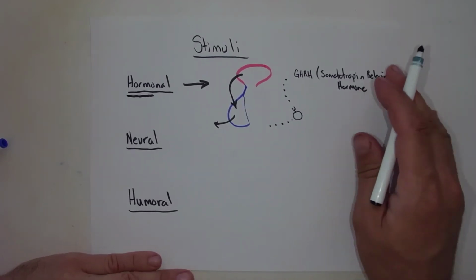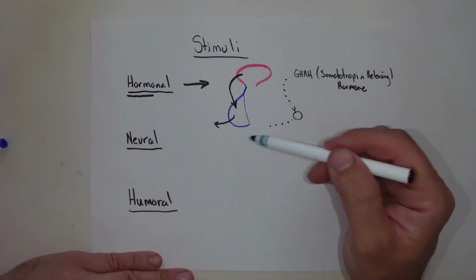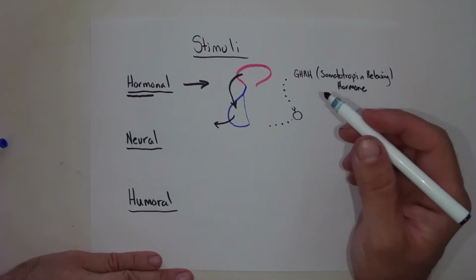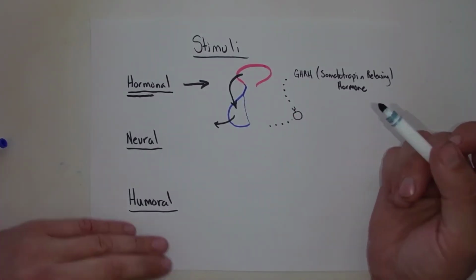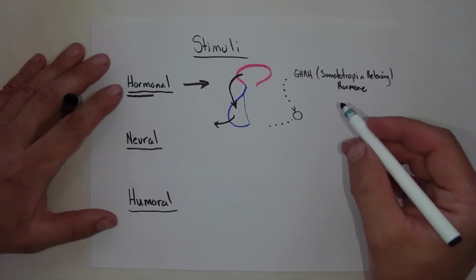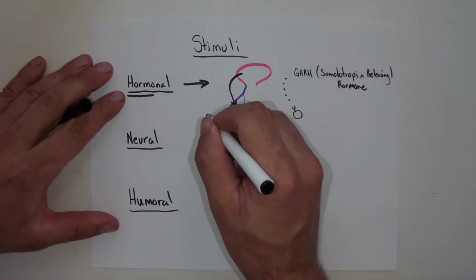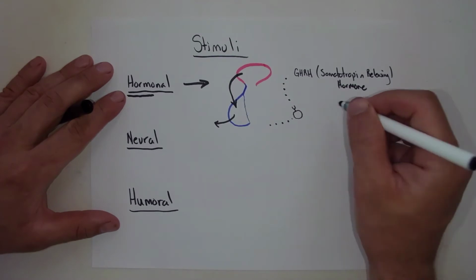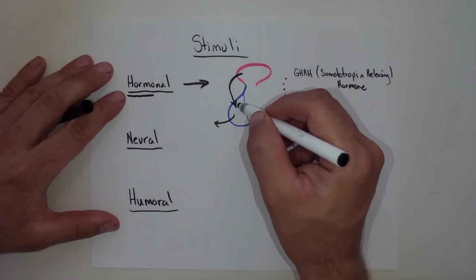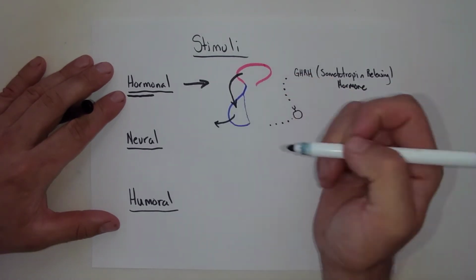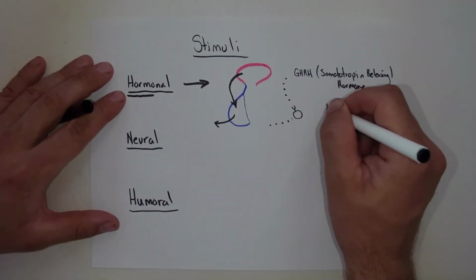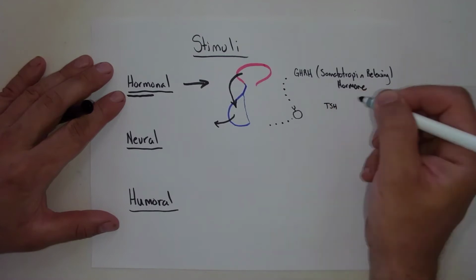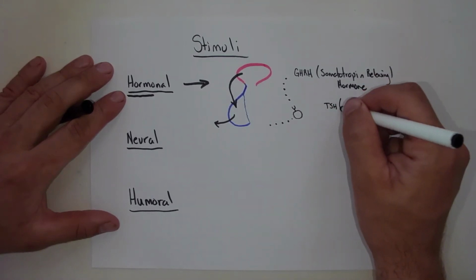There's many other examples throughout the body. They don't necessarily have to be part of this hypothalamic pituitary axis. They could also be, for example, TRH. TRH would be the hypothalamic hormone that releases the anterior pituitary hormone TSH, thyroid stimulating hormone.